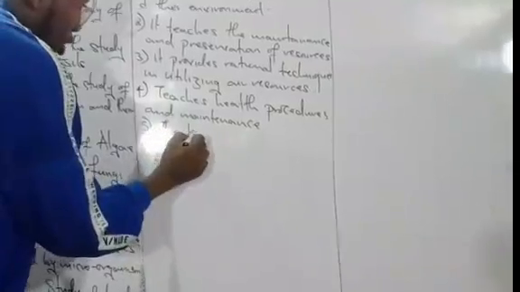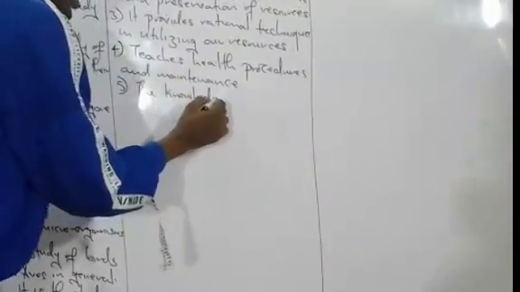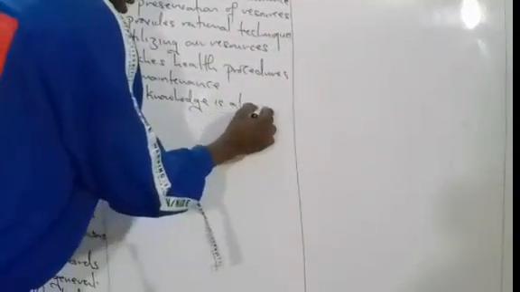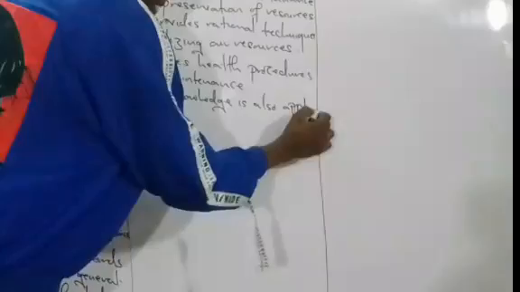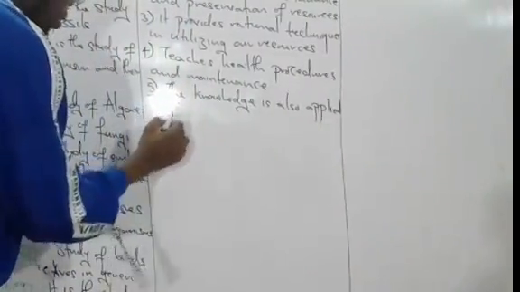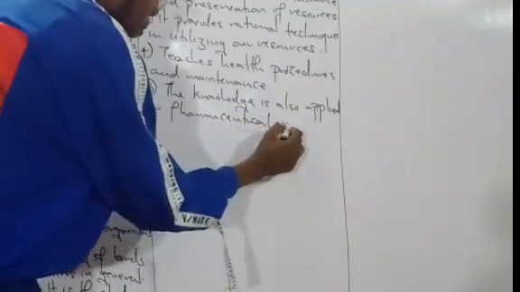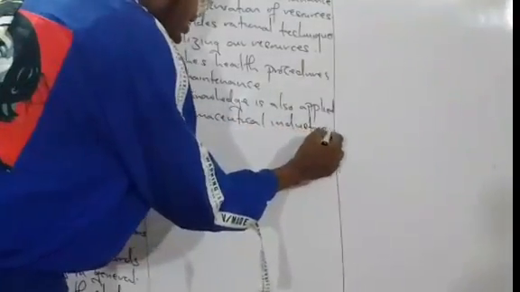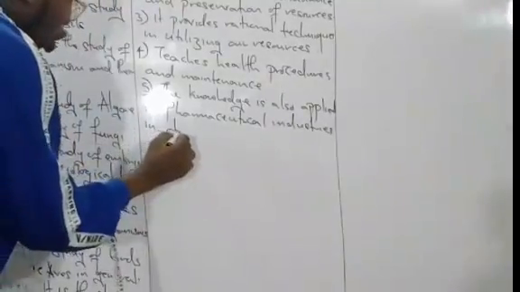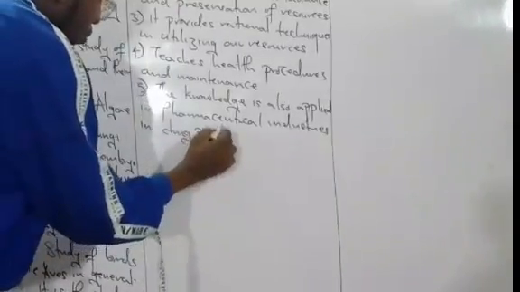The knowledge of biology is also applied in pharmaceuticals, in pharmaceutical industries, in drug production, through the isolation of certain chemical components, important chemical constituents, for the production of drugs.